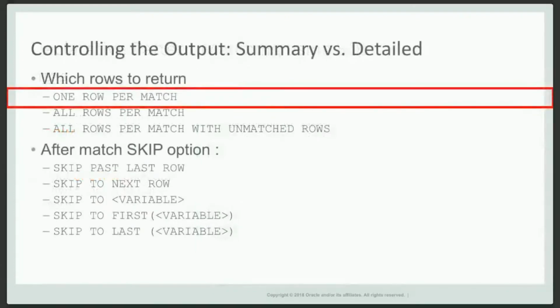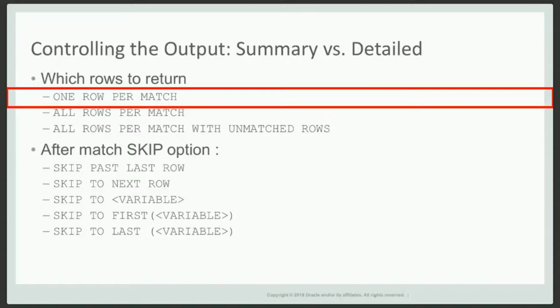Now, depending on the requirements of your calling application, you may have other requirements. You might want to see all of the rows that are matched, the sequence of them coming back. In this case, we're going to see 4 rows.